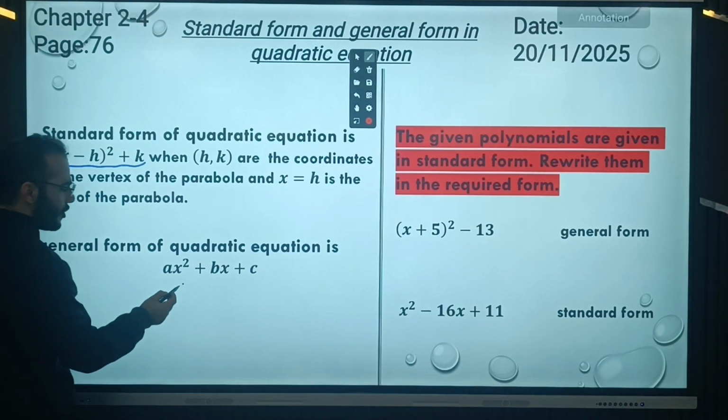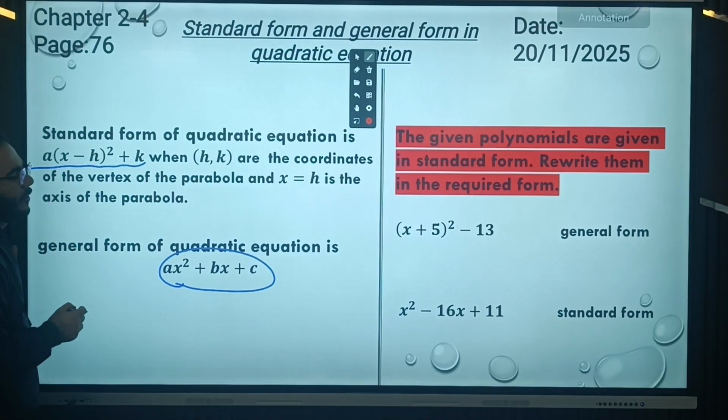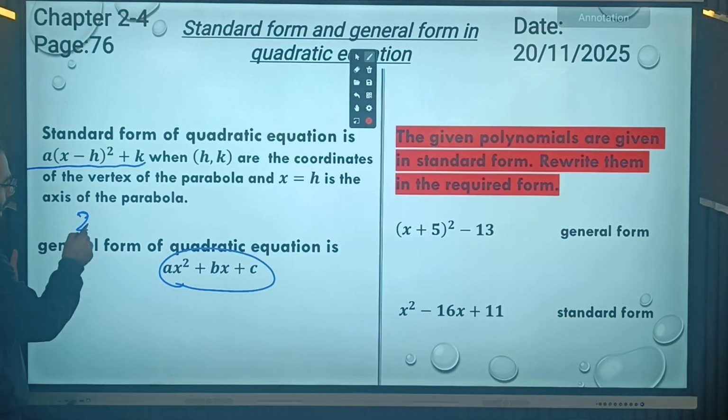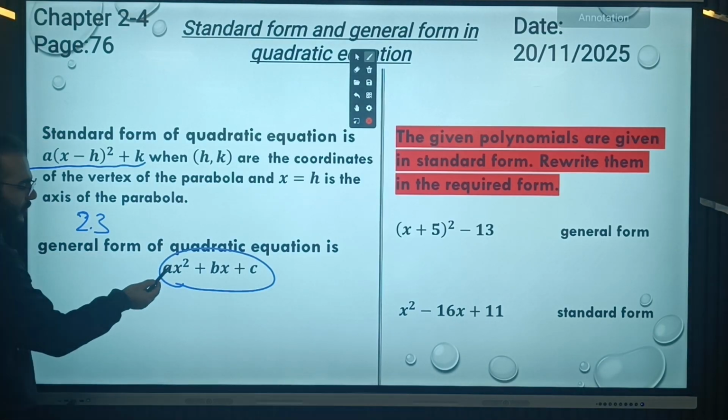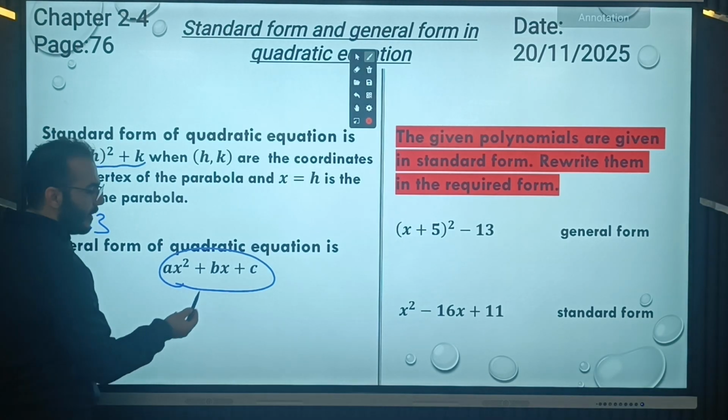General form. What is the general form? Remember in the previous video that we recorded from section 3 of chapter 2 to 3, we mentioned that the general form of a quadratic equation is in this form: ax squared plus bx plus c.